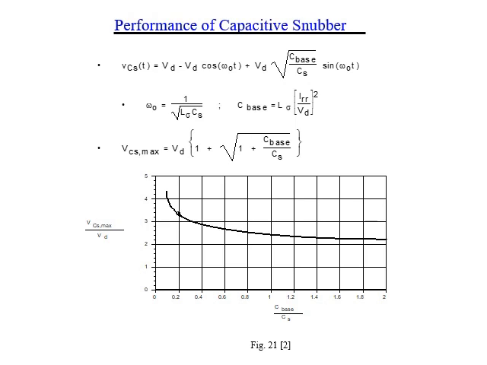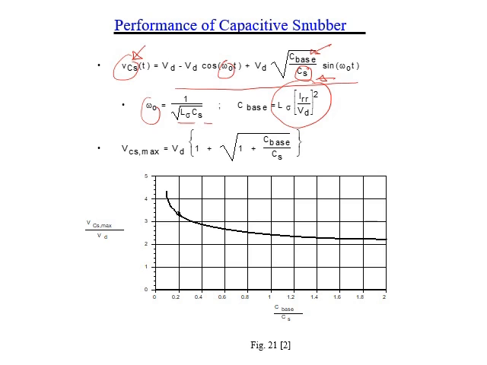Then when I derive the formula, I find V_C equal to this expression, which contains C_base, these parameters together, and also omega naught, the critical angular frequency, which is 1 over the square root of L times C. See here the capacitor C. If I control the capacitor, I control the voltage across the capacitor, and then I control the voltage across the diode because it is connected in parallel with the diode.